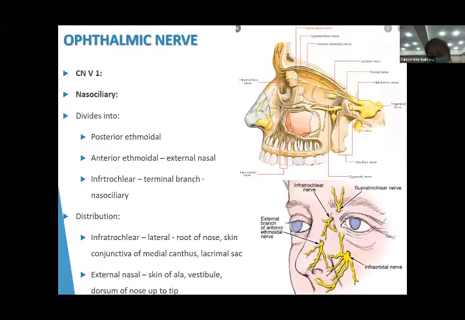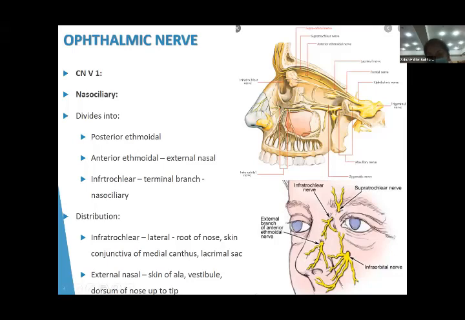And then we have the nasociliary branch. Nasociliary branch immediately divides into ethmoidal branches, anterior and posterior ethmoidal branches. जो anterior ethmoidal branch है, उसकी terminal branch आगे से ये external nasal है ये, ठीक है. और जो infratrochlear इसकी branch है, वो terminal branch of the nasociliary जो है, that is the infratrochlear ये.